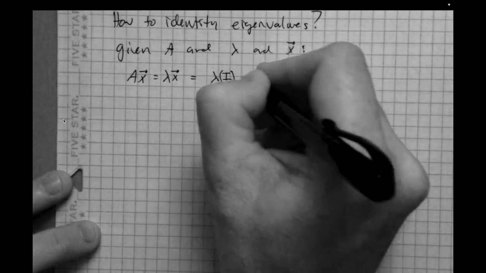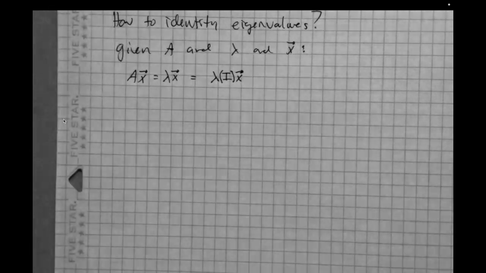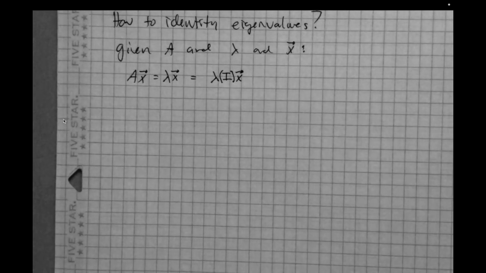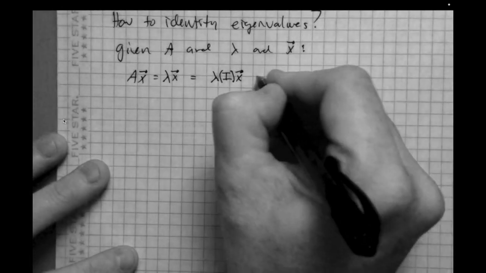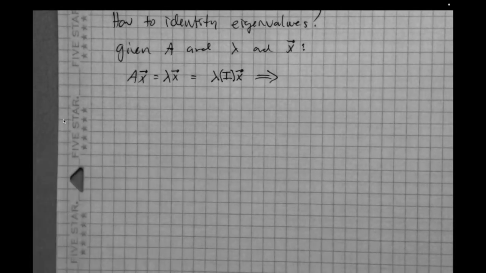I'm putting that in parentheses, so make sure you see that this can be done. Take a representative vector and make sure you understand that you can multiply by the identity matrix. So this is true.